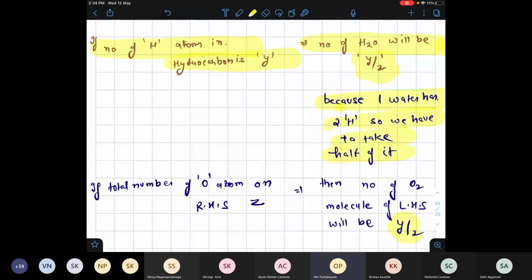So you wrote if total number of O atoms on RHS, then what is that Z? If the number of atoms is Z, any number. Understood?